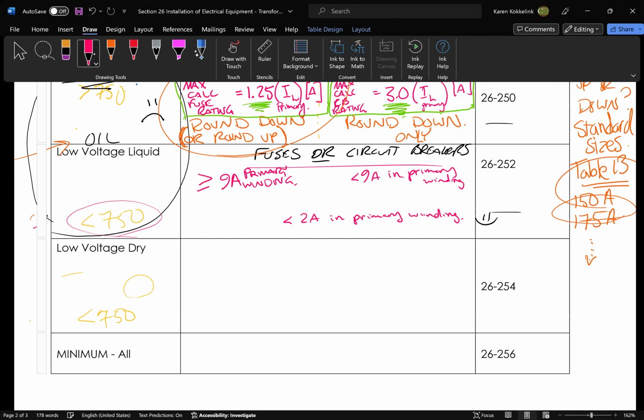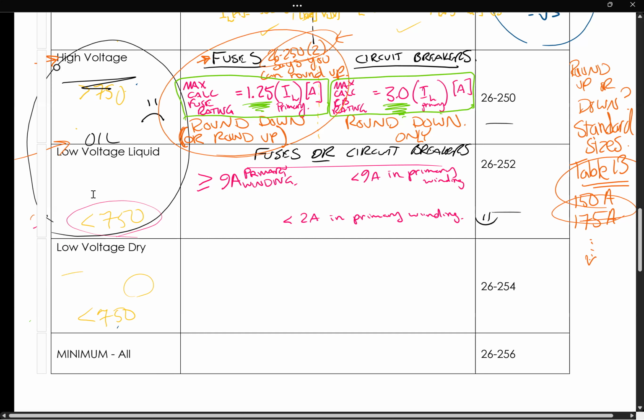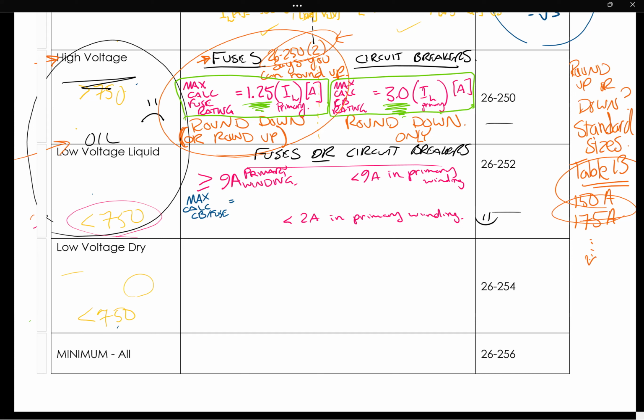So this one is a little bit of a pain as well because it depends on how many amps are in the primary winding. If there are a lot of amps in your primary winding, then your max calculated circuit breaker or fuse will be 150%, so 1.5 times IL primary in amps.